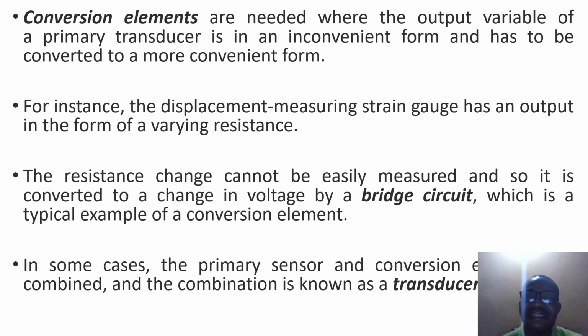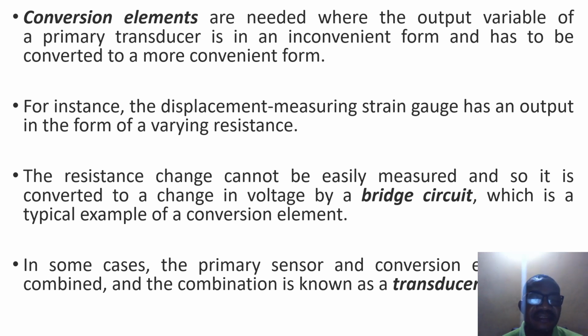Then we have conversion elements. Conversion elements are needed when the output variable of a primary transducer is in an inconvenient form, and this output variable has to be converted to a more convenient form. For instance, the displacement-measuring strain gauge has an output in the form of a varying resistance.